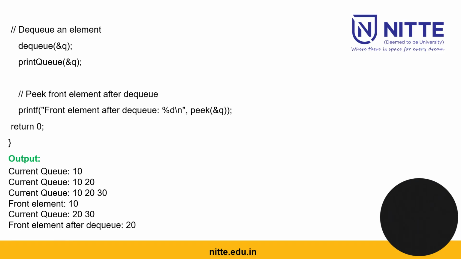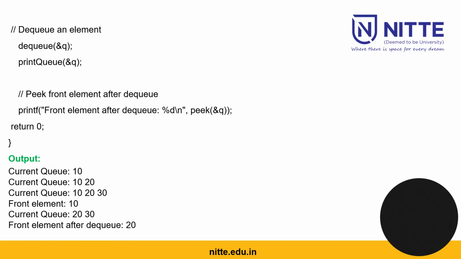So the output we will get is: current queue equals 10, current queue equals 10, 20, current queue equals 10, 20 and 30. So the front element is 10. Then it will print current queue equals 20 and 30, because here we have removed the front element, that is 10. So the current queue is 20 and 30.